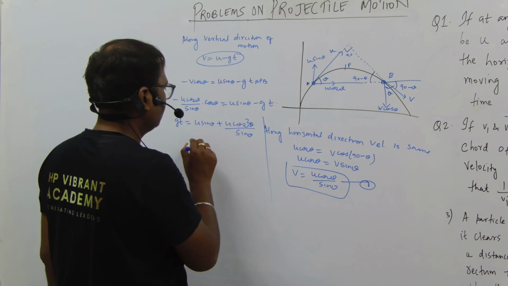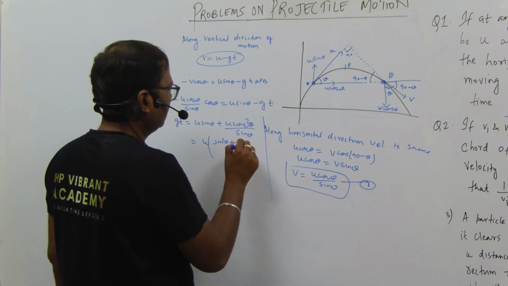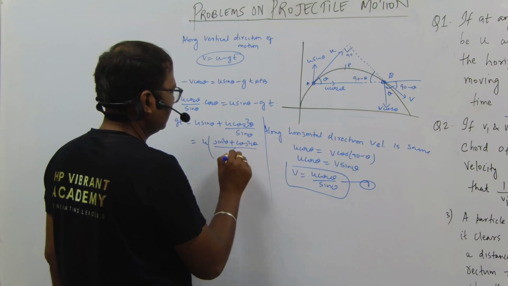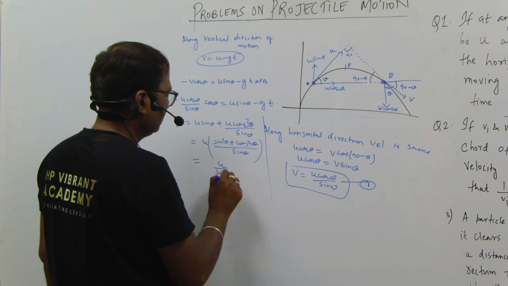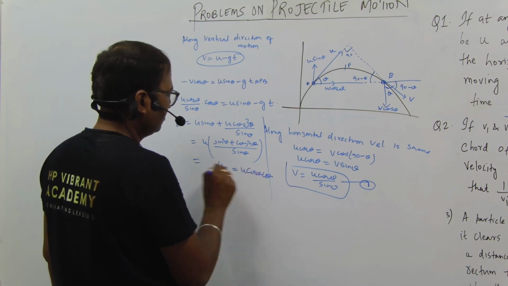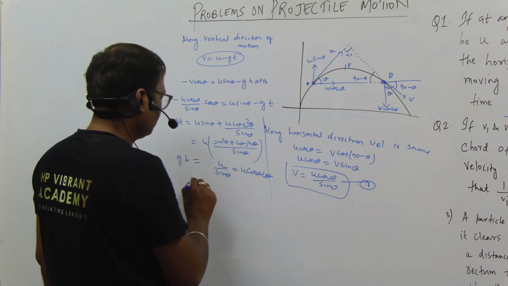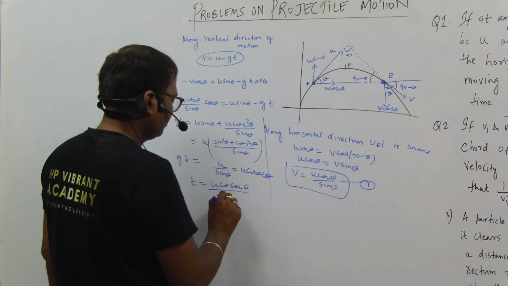Taking u common, we have sin square theta plus cos square theta upon sin theta, which is equal to u upon sin theta, which is u cosec theta. This is gt. So t is equal to u cosec theta upon g.